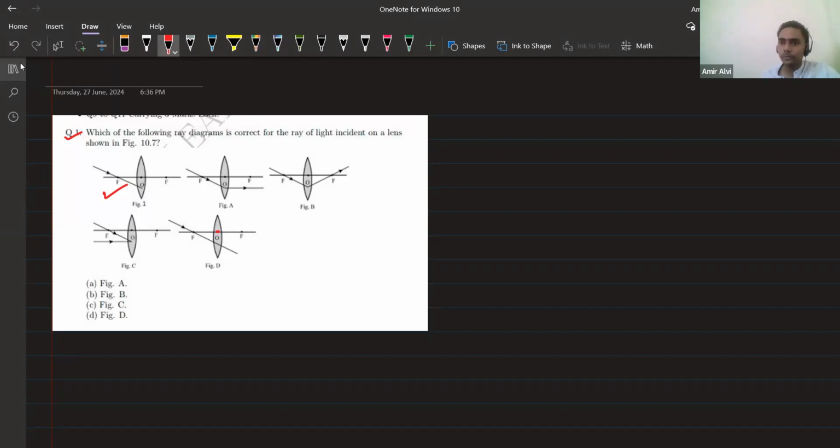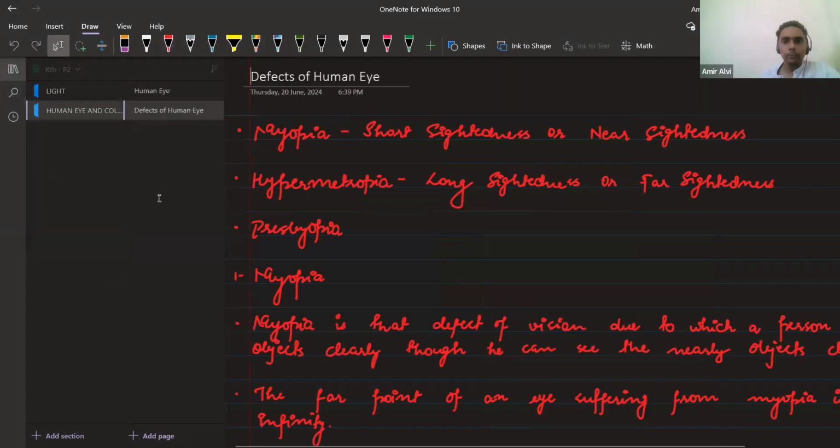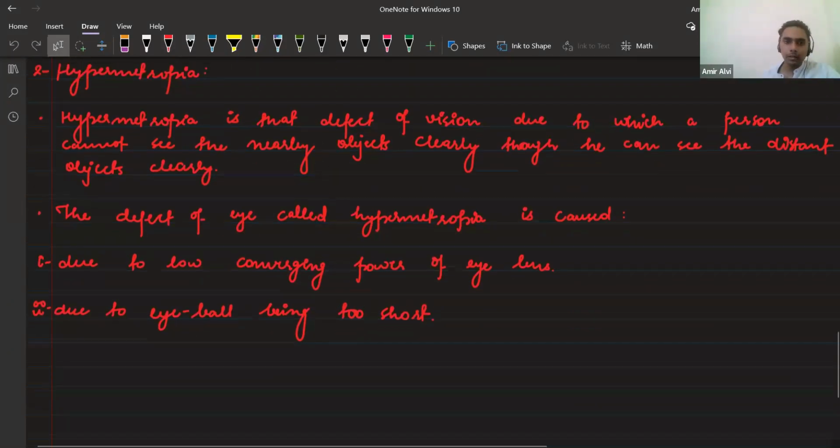No doubt? Okay, let's come to the topic, defects of the eye. In the last class we were doing hypermetropia. We have just started it. In hypermetropia, the person cannot see nearby objects.